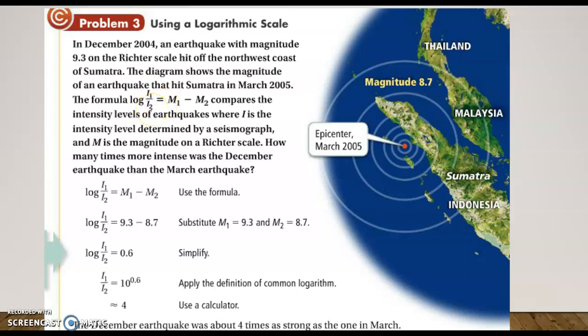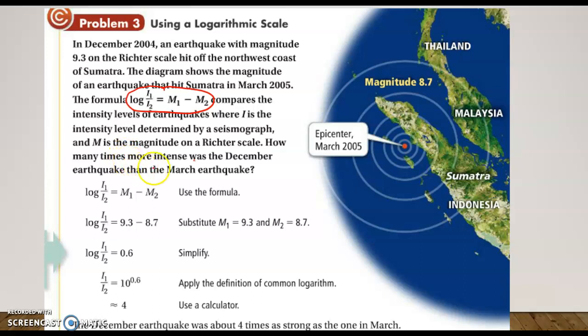That's why they're always telling you that a magnitude 7.5 is 10 times stronger than a magnitude 6.5, because it's exponential. This is why it's exponential, this formula right here. It's determined on the Richter scale.